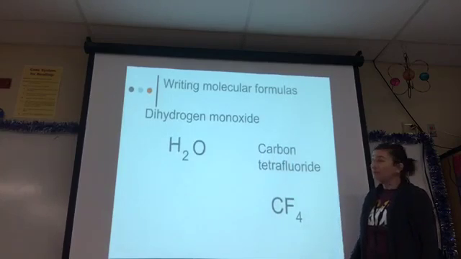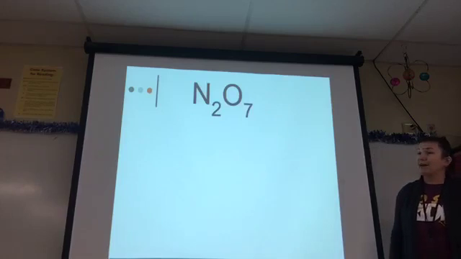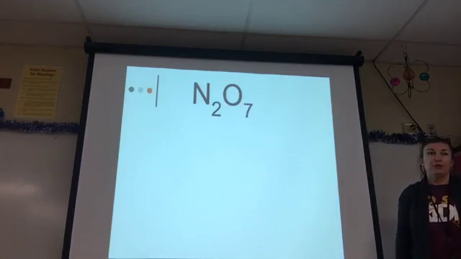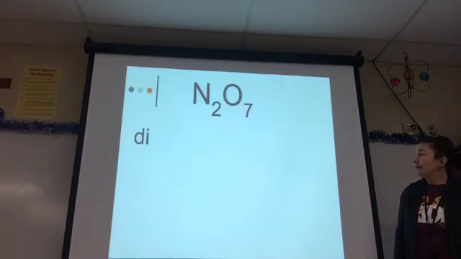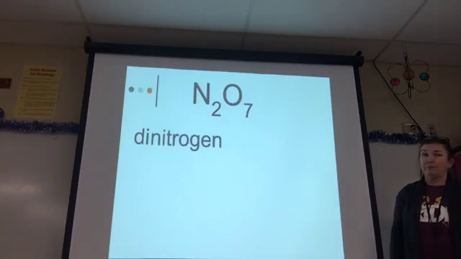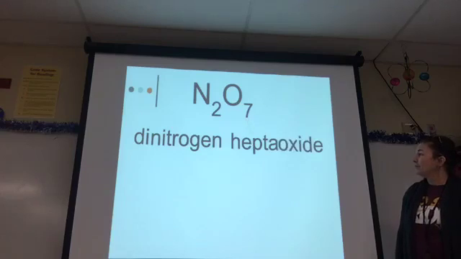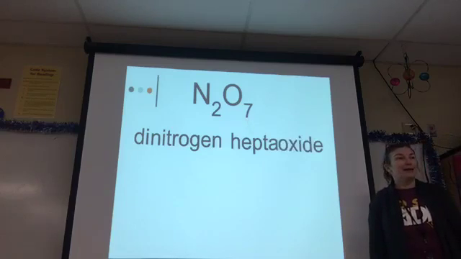Okay? Now let's name this guy. How many nitrogens do I have? 2. So it's going to be what? Dinitrogen. And then what? What's 7? Hepta. Hepta oxide. Dinitrogen heptaoxide.